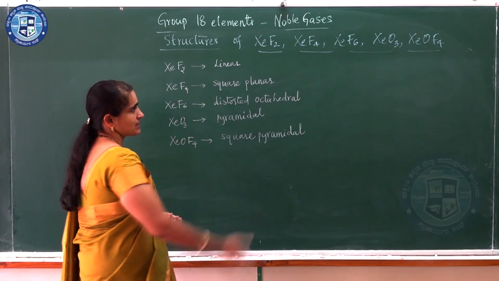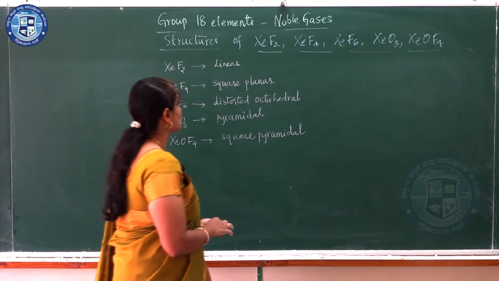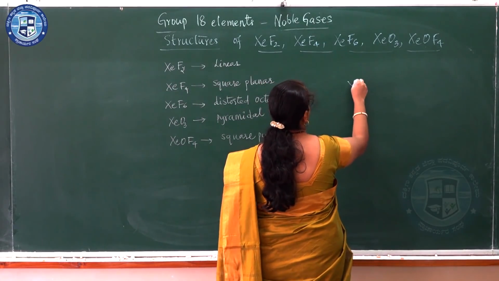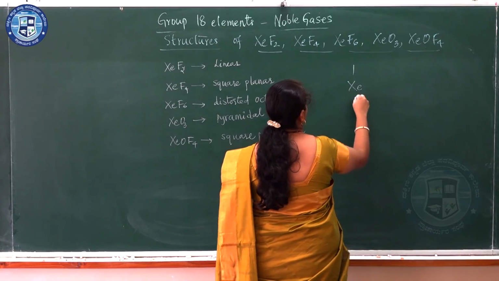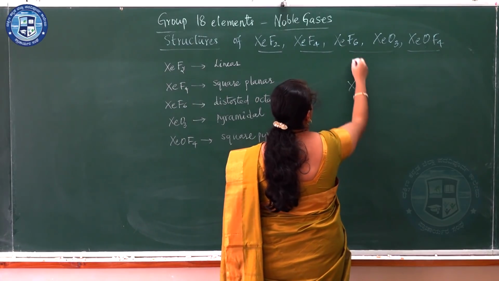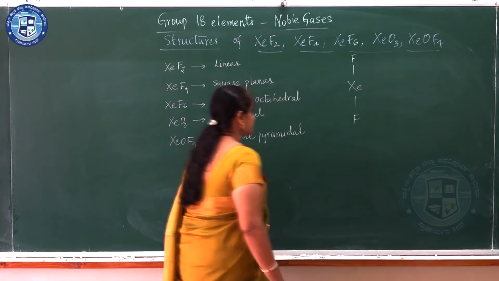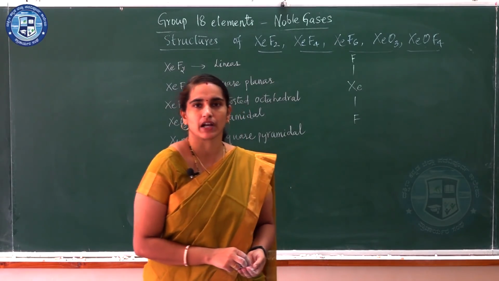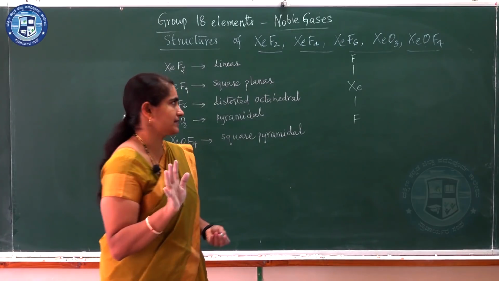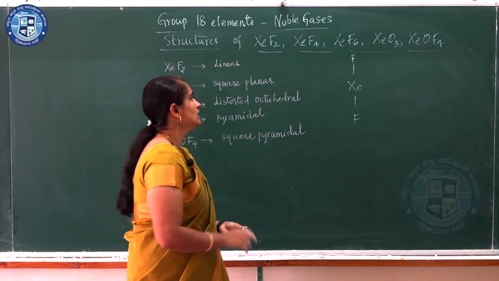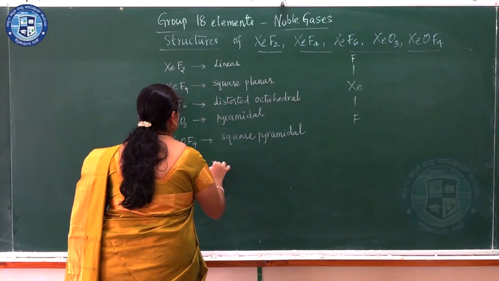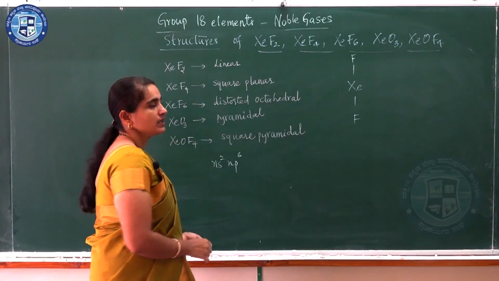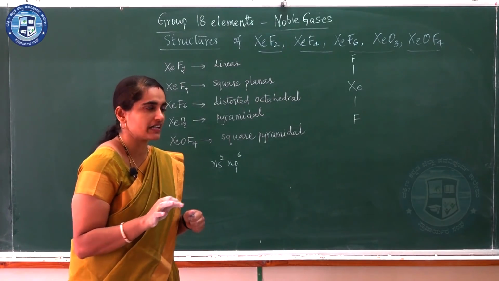So let us see how they look when we draw these structures. In the case of XeF2, linear, you have an idea students. So I have here F and F over here. See, you have to remember the number of lone pairs of electrons present on Xe. You have to show that. We know that ns2 np6 electronic configuration, there are 8 electrons in the valence shell.